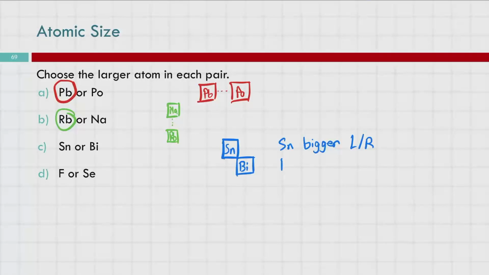Or up, down? Bi, bigger, up, down. Which effect do we think is larger? Adding on a whole layer or a little bit of electron shrinkage? Adding on the layer is probably bigger. So bismuth, almost definitely bigger. What about F or Se?